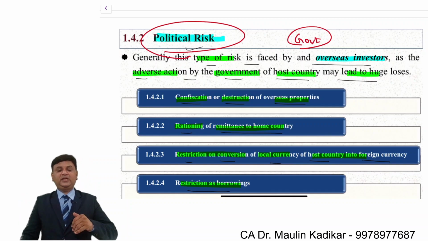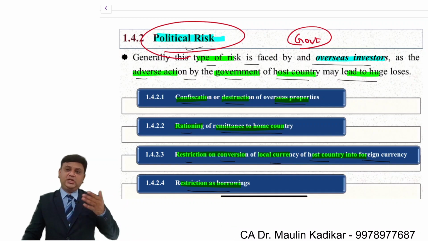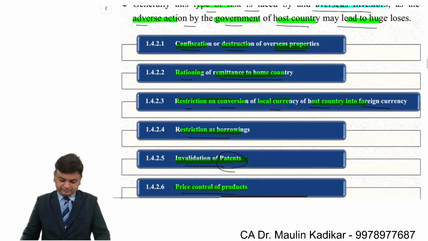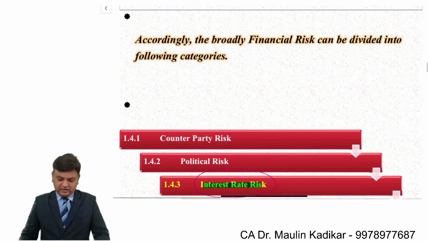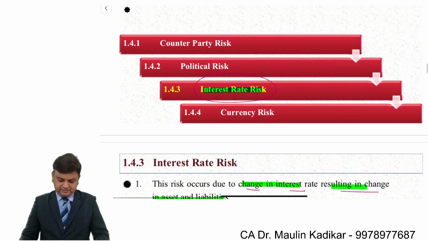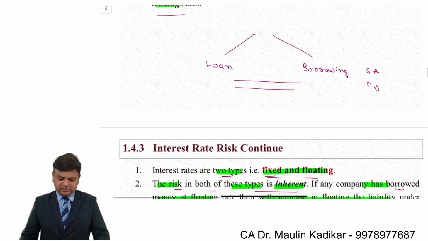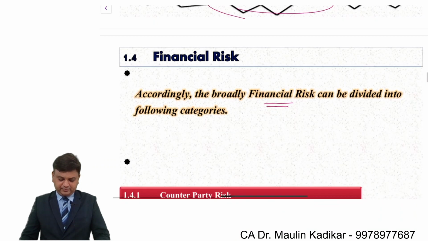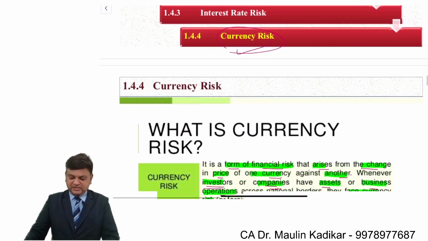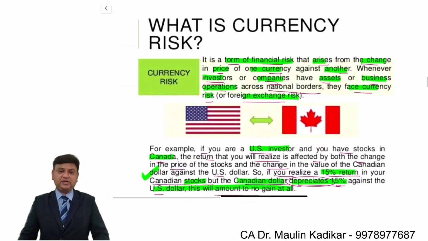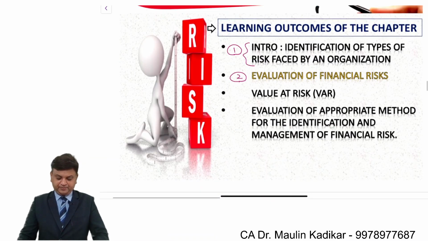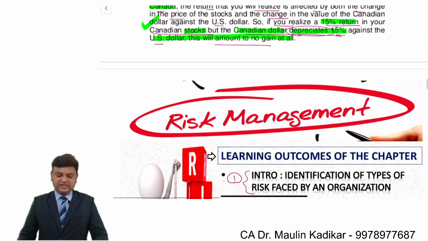Reverse, when Adani is doing business in Australia and the Australian government takes certain actions which are adverse for Adani. For financial risk, the interest rate risk is in borrowing and investment. Next is currency risk, in which the foreign currency is depreciating. That is the way the first segment is covered.